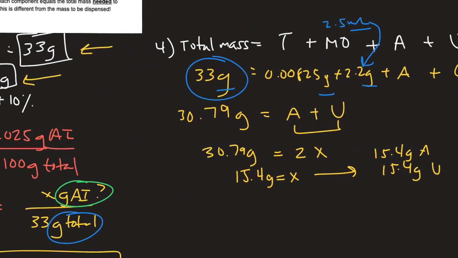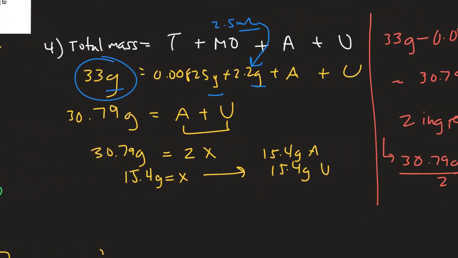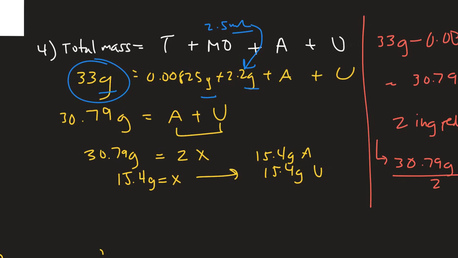And to check, if you check on your own, you know that the 33 grams is added up by the 0.00825. Add this up yourself, plus 2.2.